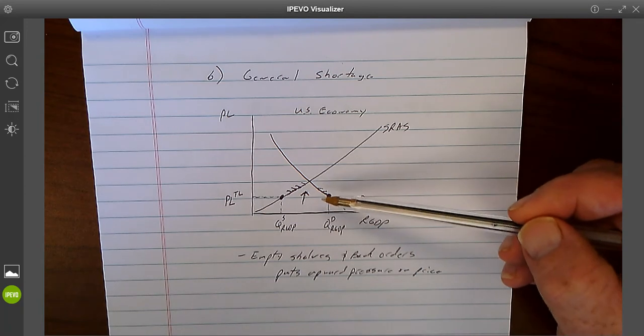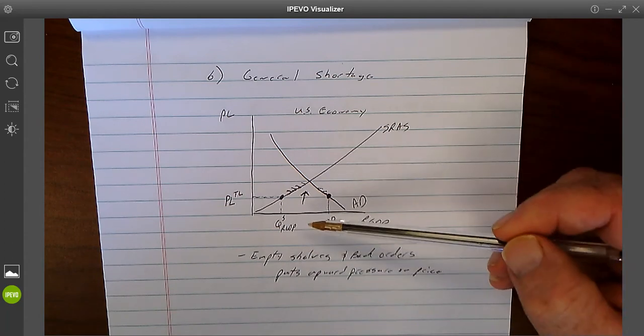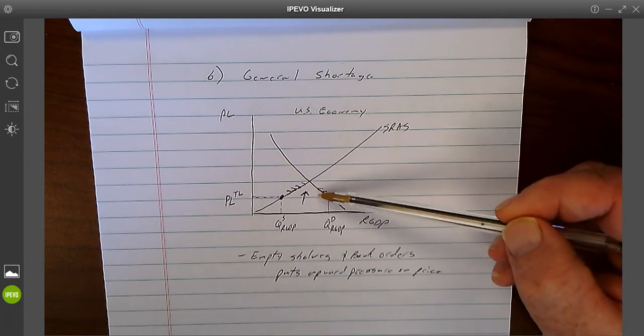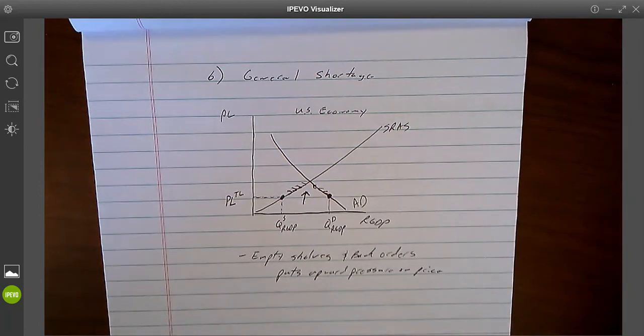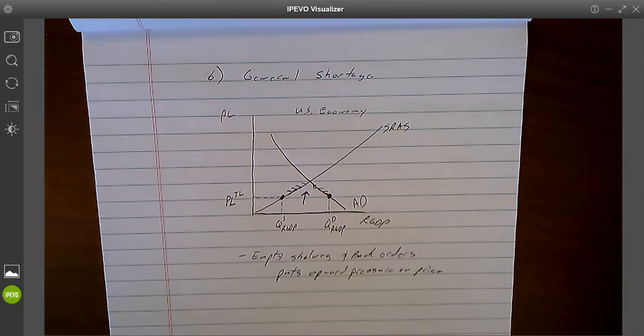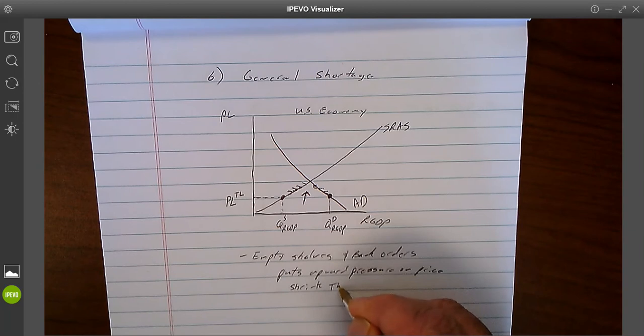People are going to borrow less and therefore buy less. And as the price level goes up in the United States, foreigners buy less from the United States, so exports are going to go down. So this is all going to decrease the quantity of real GDP demanded, and this will shrink the shortage.